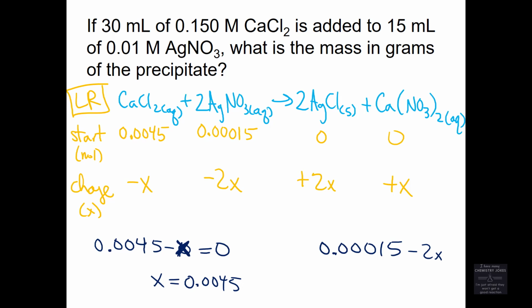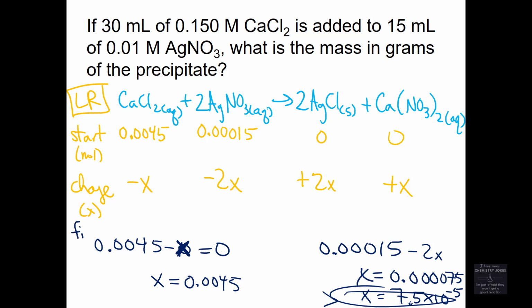Hopefully you can already tell who's going to be the limiting one here. x equals 0.000075, or 7.5 times 10 to the negative 5. This number is way smaller than the other one, so this is my true x value.